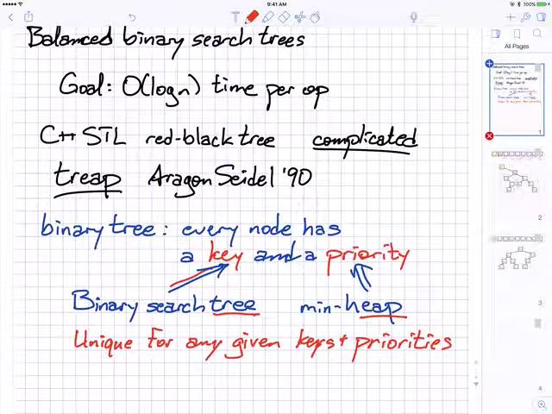Okay? In the original binary search tree problem, I'm only given the keys. It's up to the data structure itself to come up with appropriate priorities so that the resulting binary tree that you get by imposing the structure is balanced. Okay?